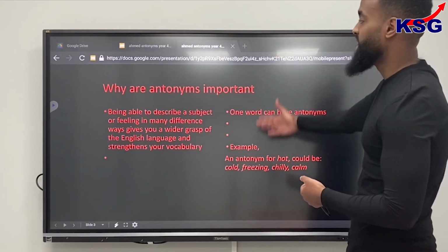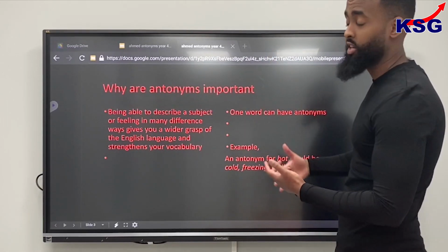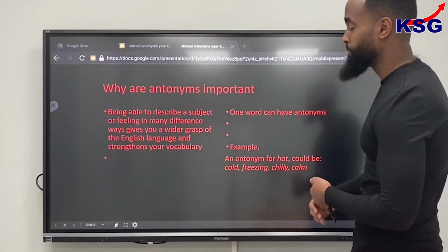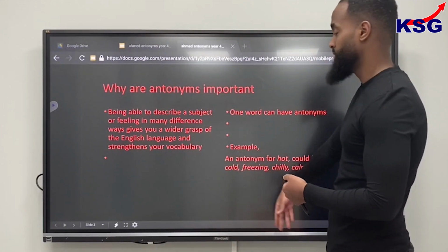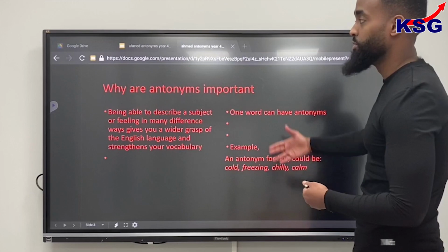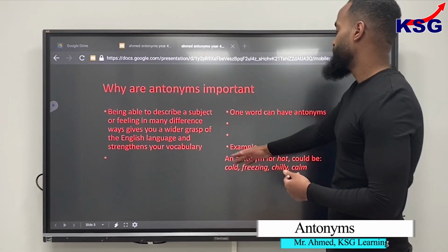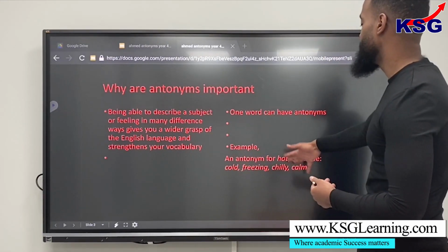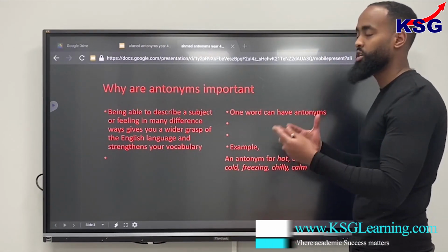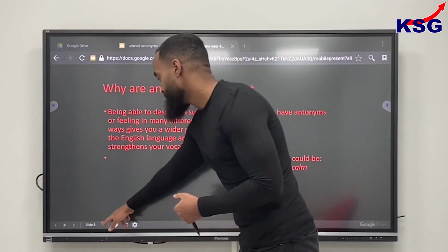Now if you were writing a paragraph or a few sentences describing the temperature, and you just said cold constantly, it would sort of make your text a bit boring. Whereas if you use freezing, chilly and calm, it creates more imagery for the reader, so it is useful in that regard.